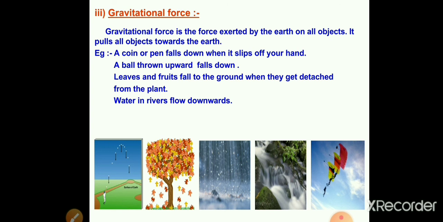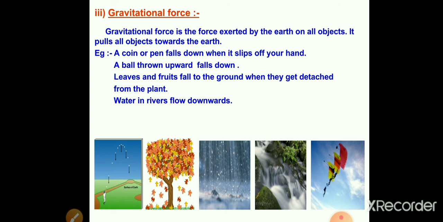Even when you throw an object vertically upward, the force of gravity of the earth at once starts acting on it. Firstly, it slows down the object, then stops it. It finally pulls it towards itself, that is towards the earth.